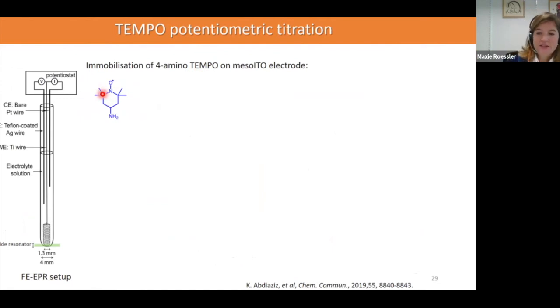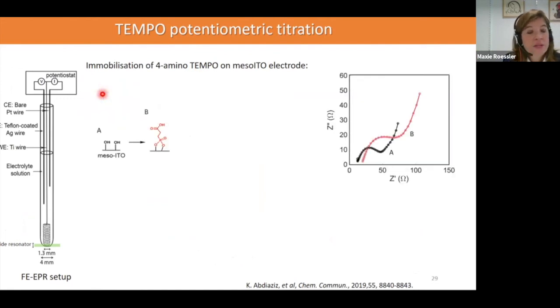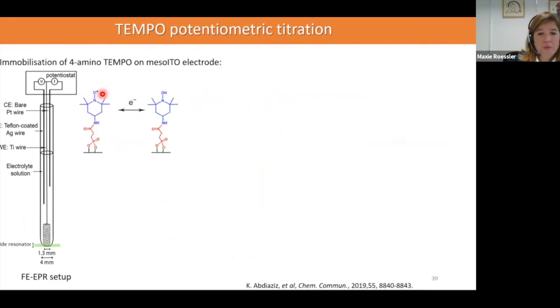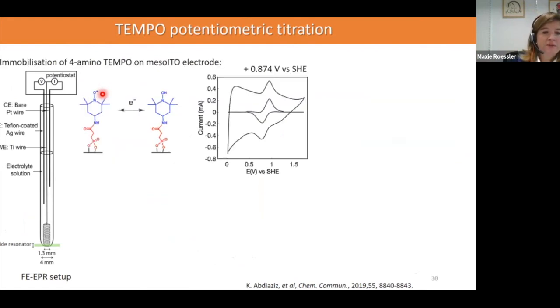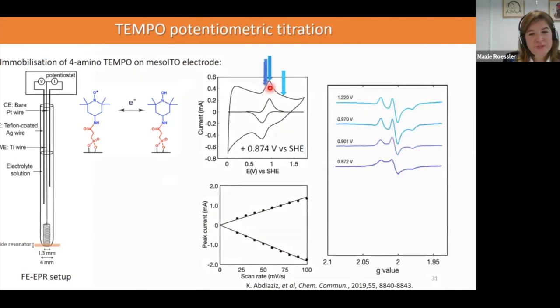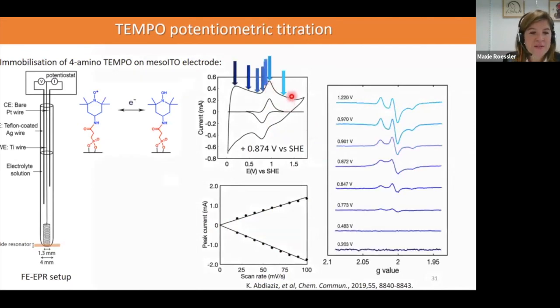We demonstrated the immobilization through impedance spectroscopy, as you can see here, and we can also see through the scan rate dependence, the linear dependence on scan rate as opposed to the square root, that it is directly attached on the surface. And the reduction potential in the CV here matches very nicely what's reported in the literature. And to show that we can actually achieve this potential control, we obtained different EPR spectra at different reduction potentials here.